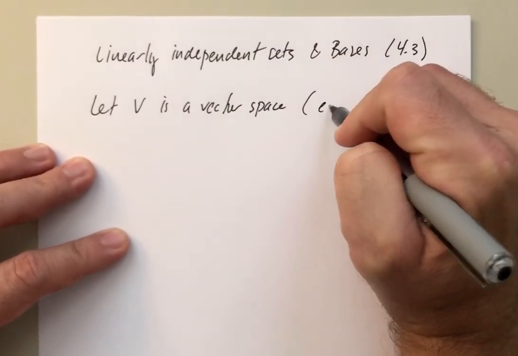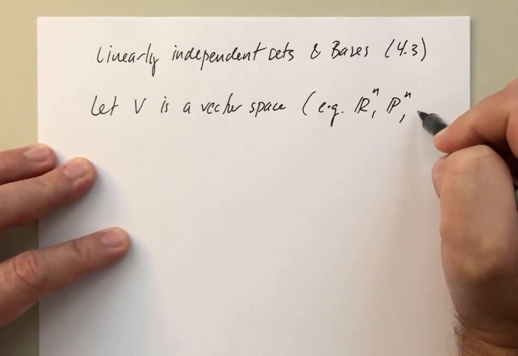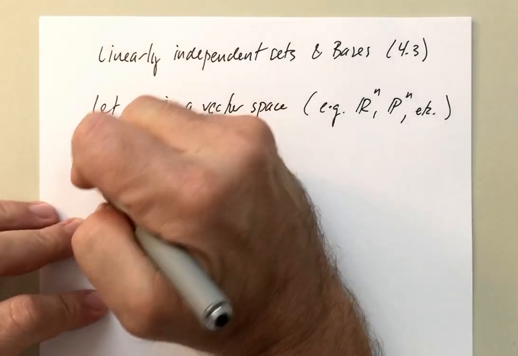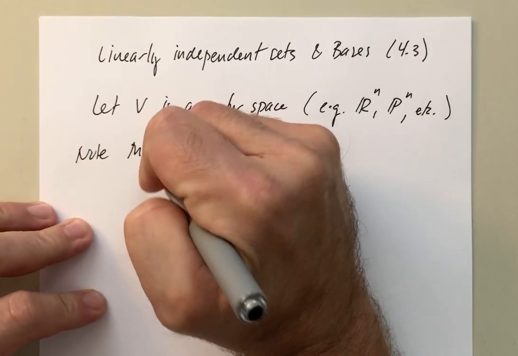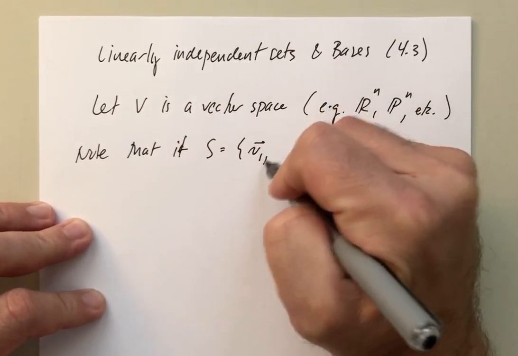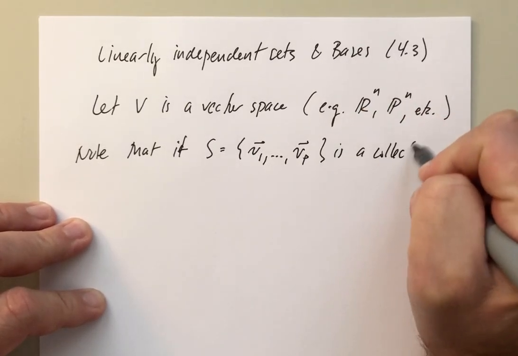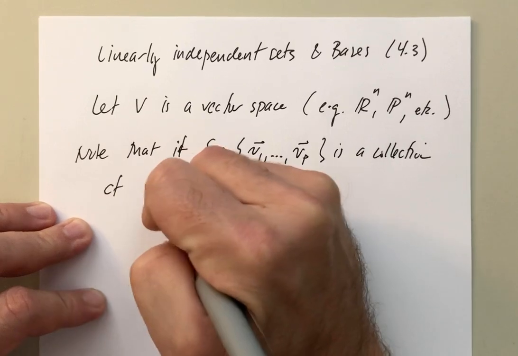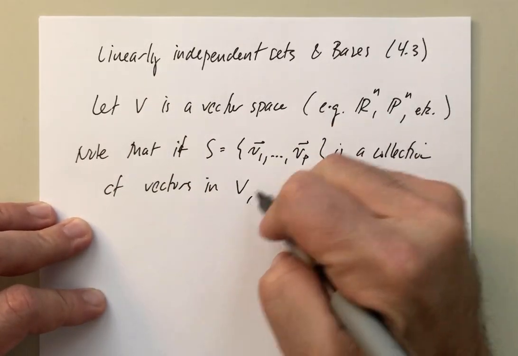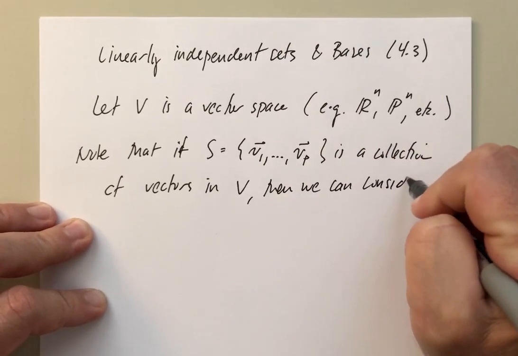And so you can think, of course, this includes Rn, but it also includes things like those polynomials of degree at most n, so these abstract vector spaces. So just note that if S is a collection of vectors in that vector space V, then we can still consider a linear combination.